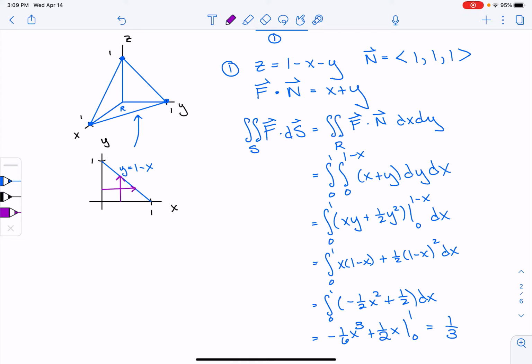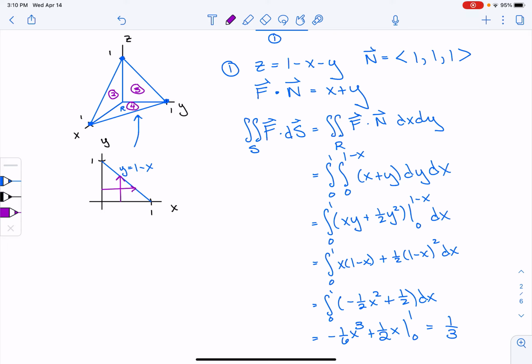I'm going to look at when x equals 0, I'm going to call that surface 2. When y equals 0, I'm going to call that surface 3. And then when z equals 0, I'm going to call that surface 4. And now I want to look at the flux through those surfaces.